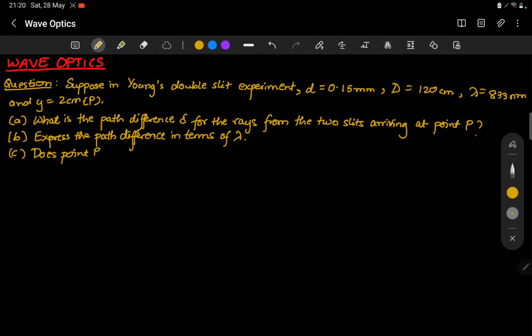Does point P correspond to maximum, minimum, or intermediate intensity condition?